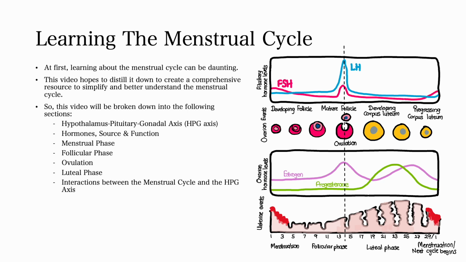At first, learning about the menstrual cycle can be daunting. This video hopes to distill it down and create a comprehensive resource to simplify and better understand the menstrual cycle.